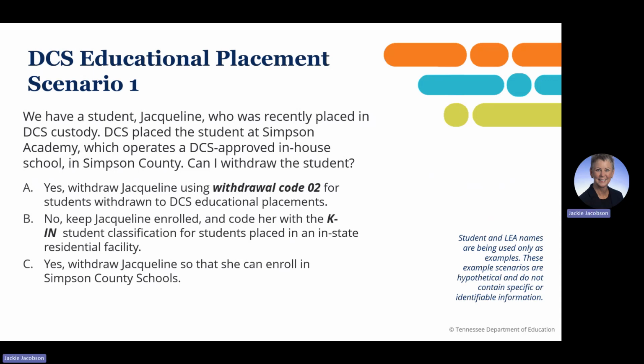A. Yes, withdraw student using withdrawal code O2 for students withdrawn to DCS educational placements. B. No, keep Jacqueline enrolled and code her with the K-in student classification for students placed in an in-state residential facility. Or C. Yes, withdraw Jacqueline so that she can enroll in Simpson County schools. What are your thoughts?